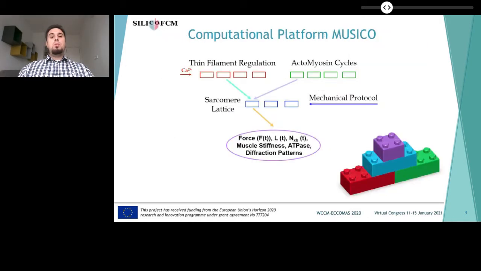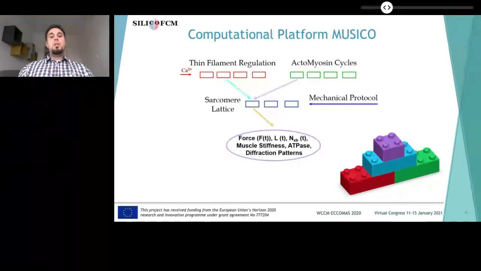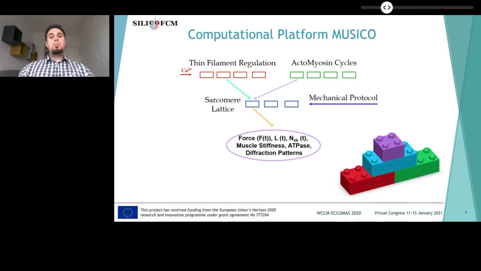Now, how can we model muscle behavior? For that, we developed a computational tool called Musico, which stands for Muscle Simulation Code. Musico is a modular computational platform for simulating a wide variety of experimental protocols that are often performed on muscle fibers or cells.